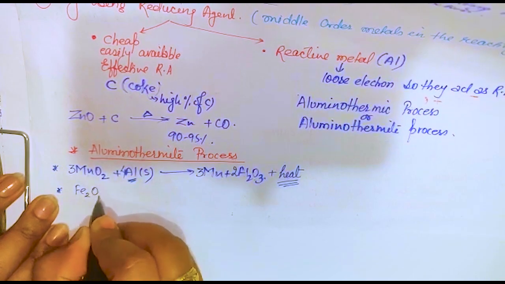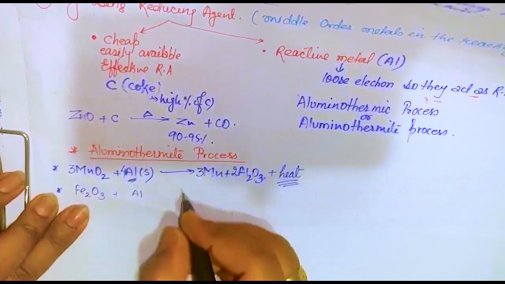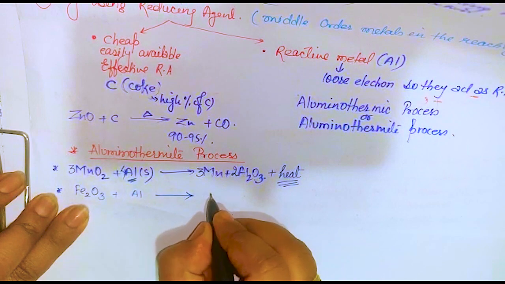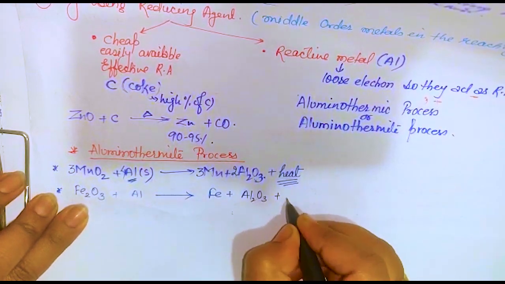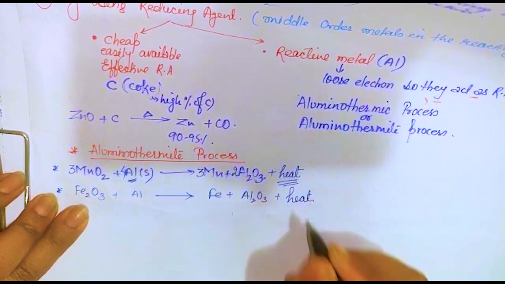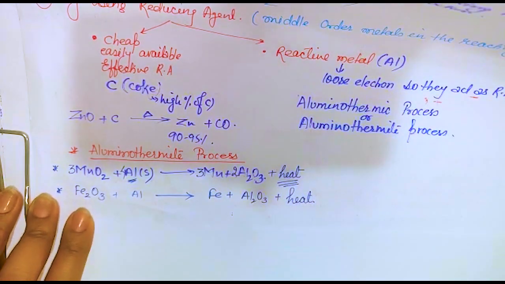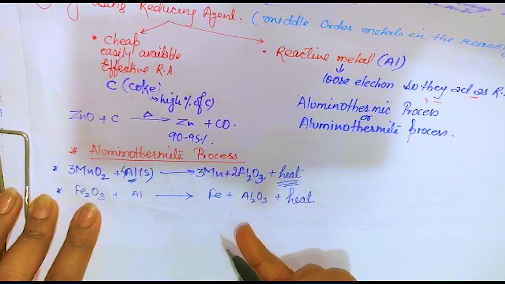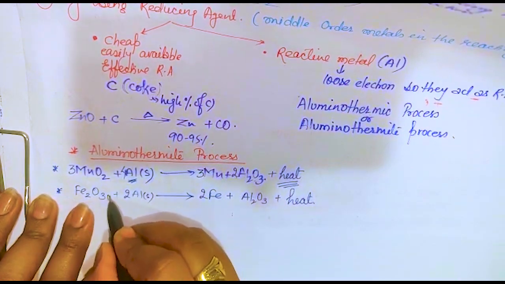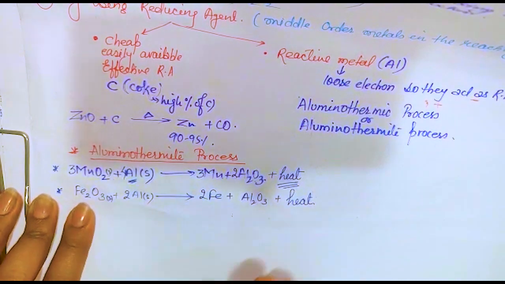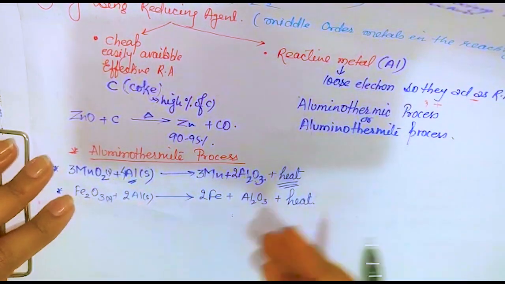This is Fe2O3 plus aluminium, and that will give you Fe and aluminium oxide along with heat. That is for sure. To balance this, we don't have to do anything else, it is balanced. This we will take in powder form. Any doubt in this?